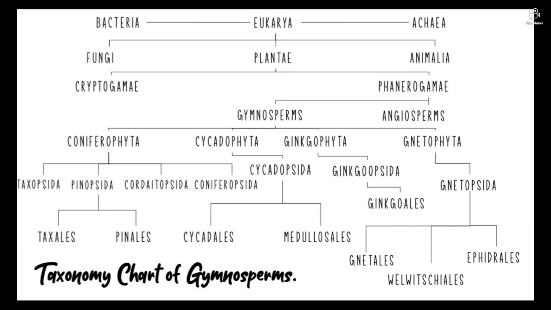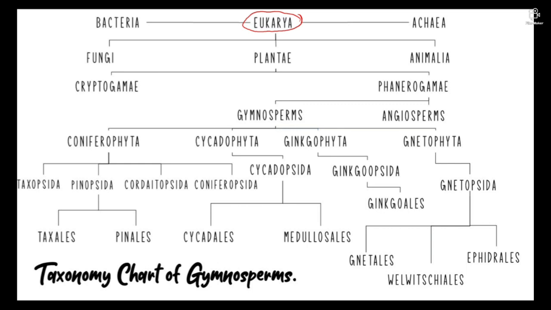So what you're about to look at is the taxonomy chart for gymnosperms. As you can see, on the top middle is Eukarya, which is the domain. From the domain Eukarya, it produces three kingdoms: fungi, Plantae, and Animalia.